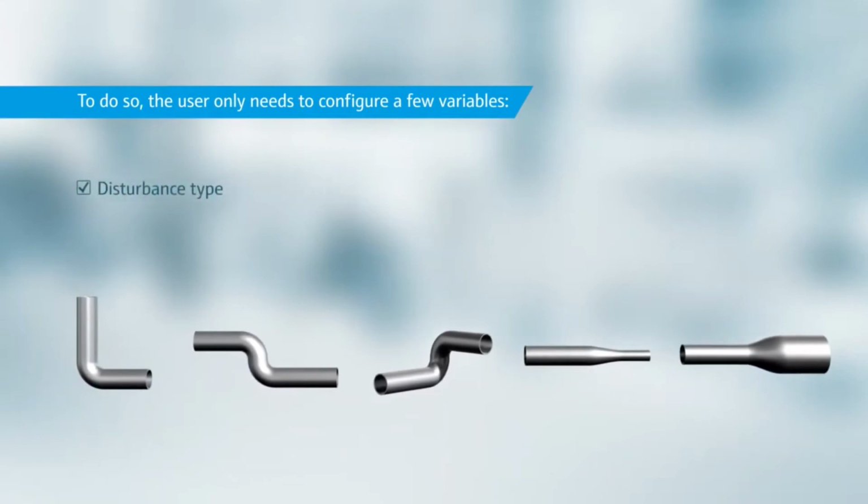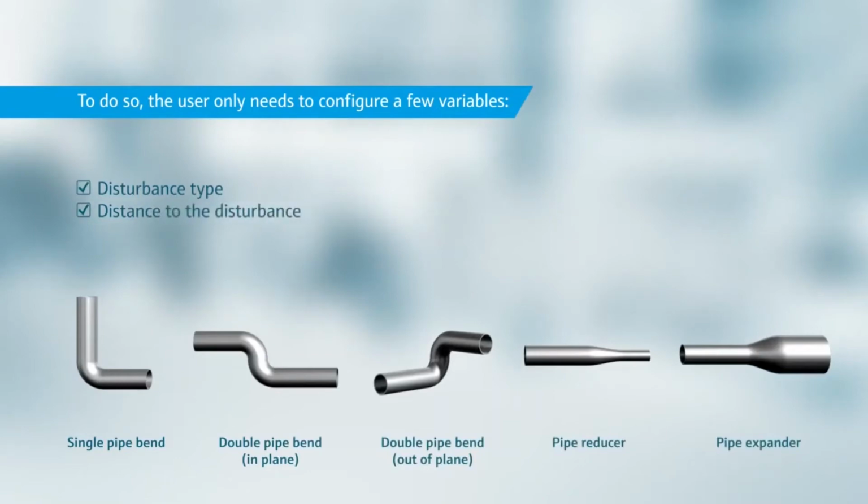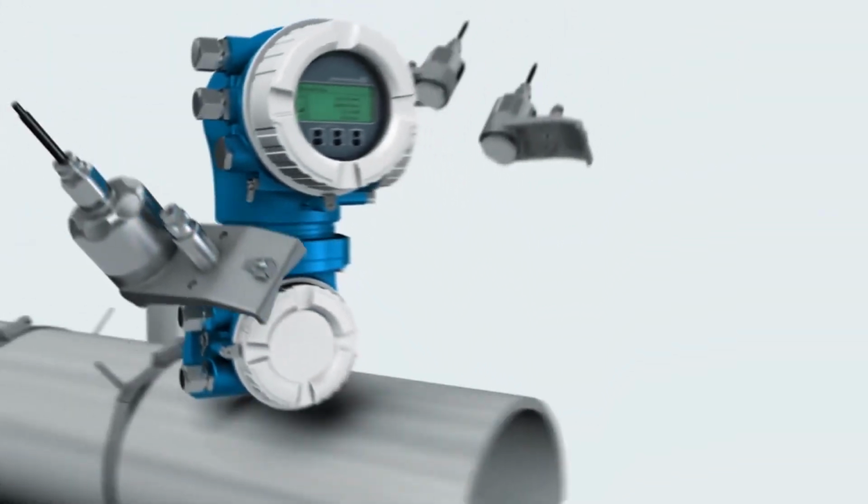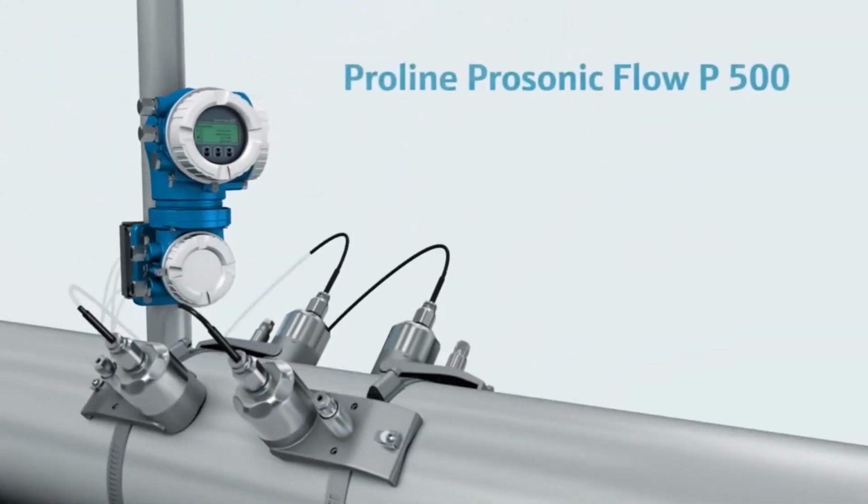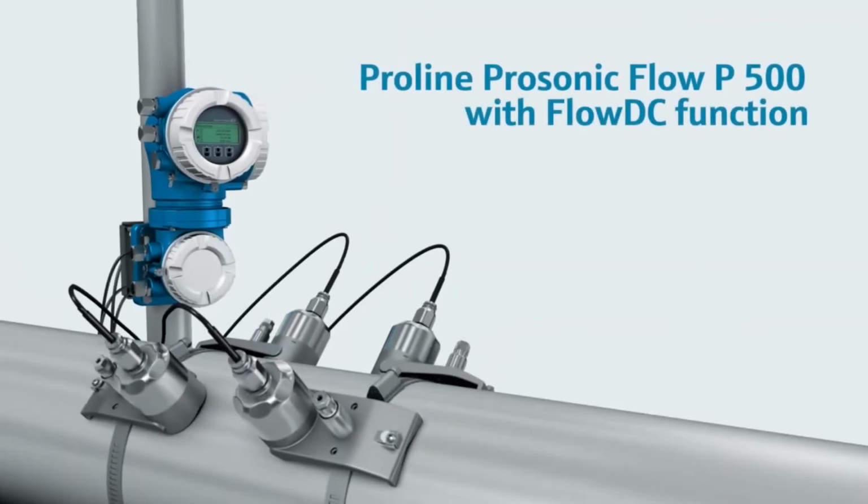Now, to configure this, we just need a few bits of information from your application in particular around the disturbance type, the distance to the disturbance, and also the pipe geometry around that application. And then the device will be able to compensate for that. So in summary, that is the ProSonic Flow P500 with DC function.